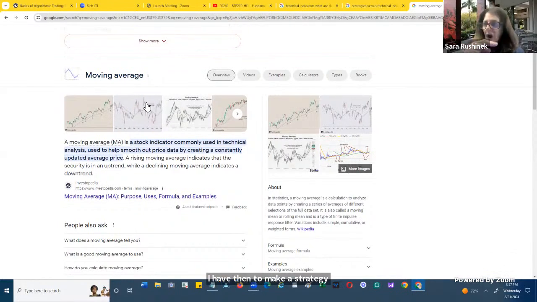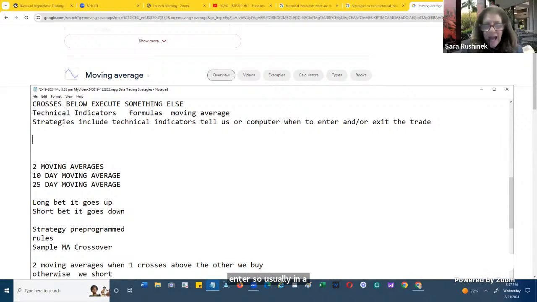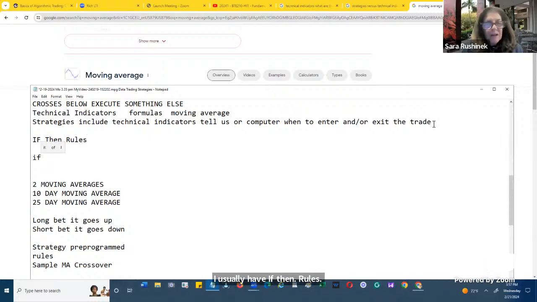So now I have those indicators, and to have a strategy going, I use indicators and I place rules to it. So a strategy has rules based on it. Usually in a strategy, I have if-then rules. For instance, if something happens, then let's say I buy.